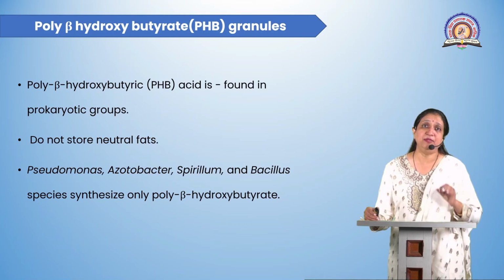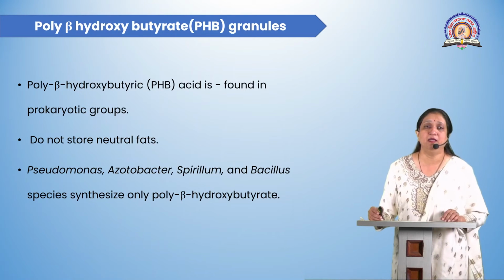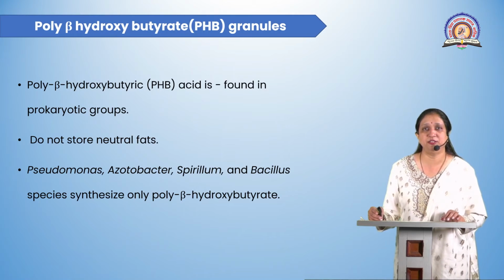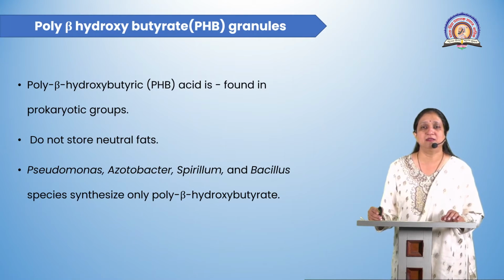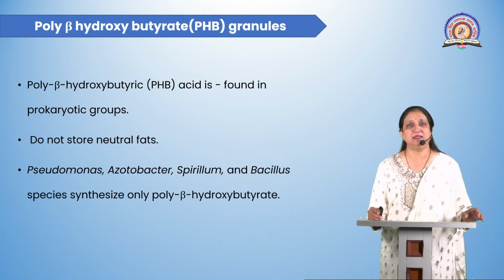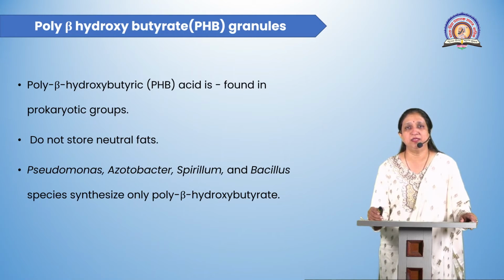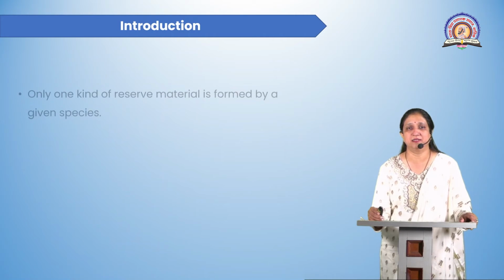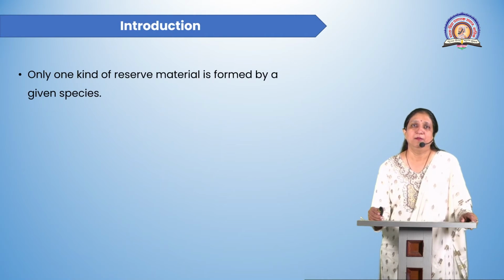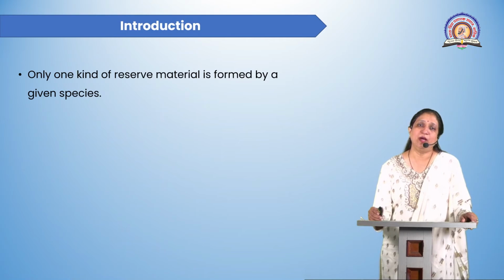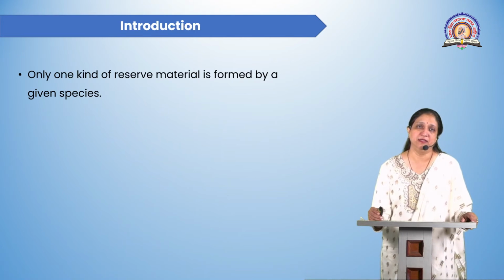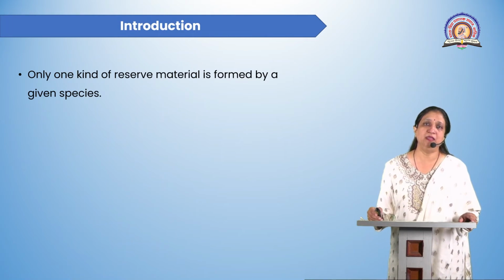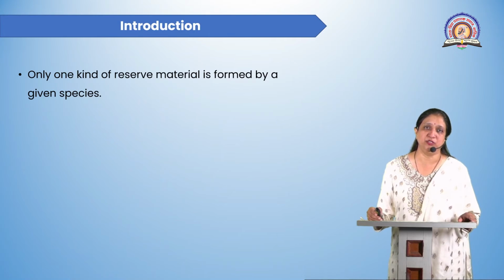Bacteria that have an ability to produce these granules include Pseudomonas species, Azotobacter species, and certain Spirillum and Bacillus species, which can synthesize the PHB granules within the cytoplasm of the bacterial cell. Many a times, only one type of reserve material can be stored in a given bacterial species.